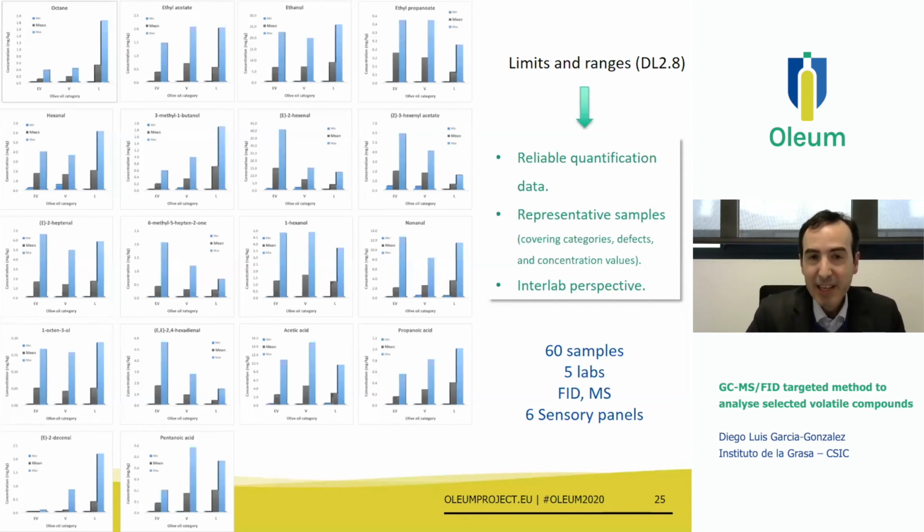In this case, it's very important to have reliable quantification data, and that's why we carry out this calculation with an interlab perspective. So we have 60 samples. They are representative samples. We have 5 labs working with FID and mass spectrometry, and we have 6 sensory panels providing the definitive quality classification into the 3 categories.